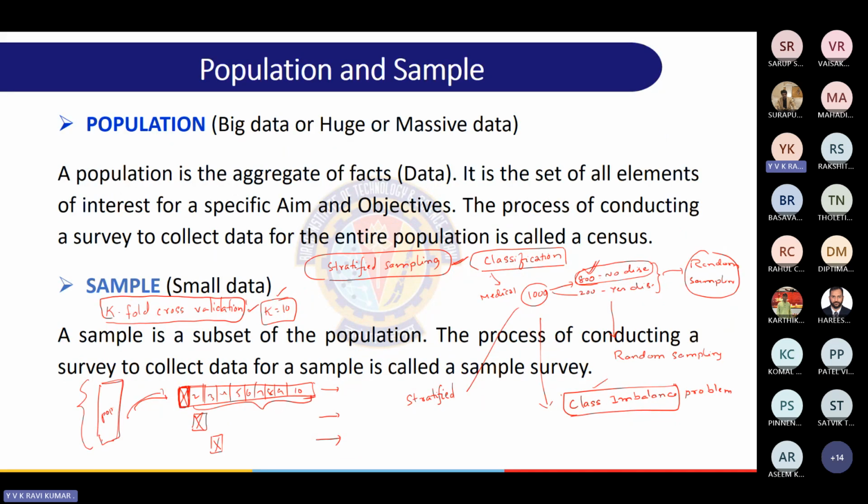Whenever we find there is a class imbalance, that is where we go for another kind of sampling, stratified sampling. The third is k-fold cross validation, where if k equals 5, we divide the population into 5 samples, and there we use random sampling. So these are the 3 instances where we use sampling.